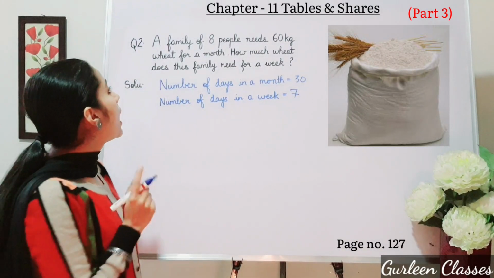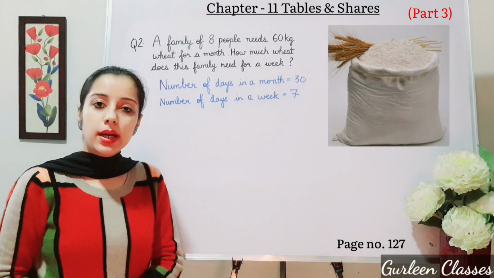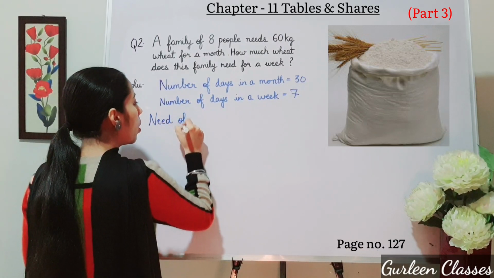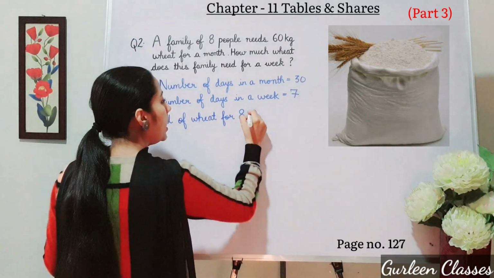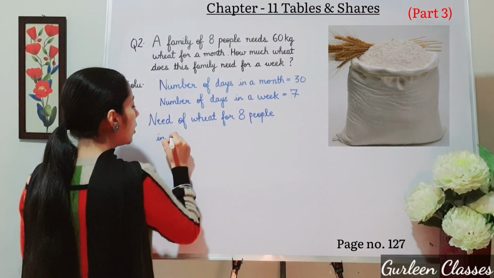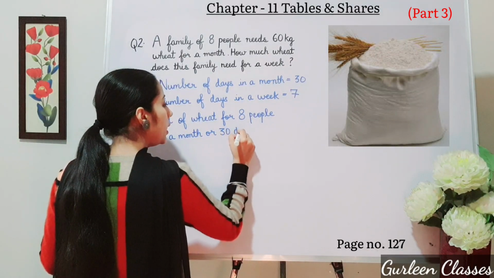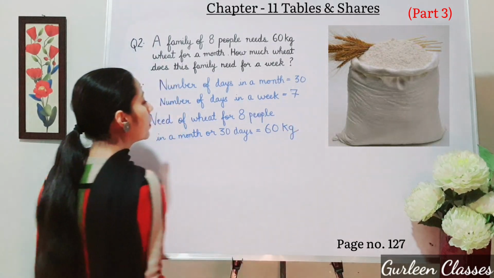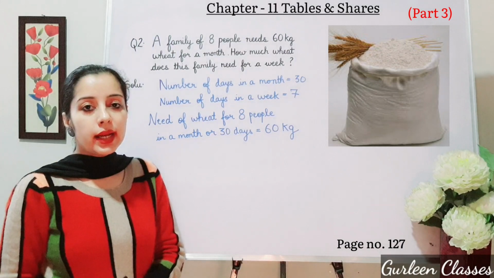So now question is, a family of 8 people needs 60 kg wheat for a month. So now let us write here need of wheat for 8 people in a month or 30 days is equal to 60 kg. Now we will write need of wheat for 8 people in a day.